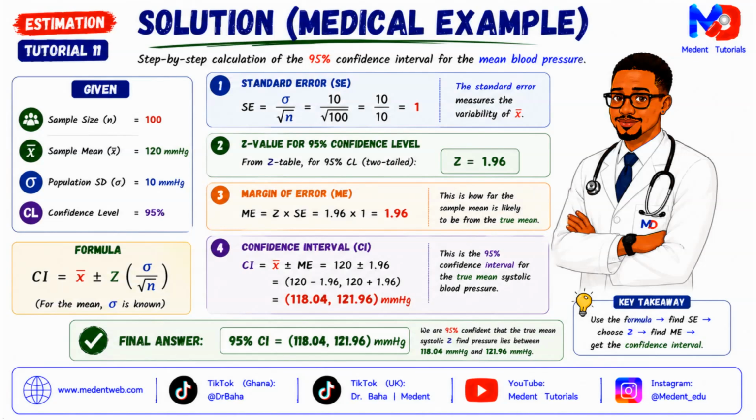The 95% confidence interval is therefore 118.04 to 121.96 millimeters of mercury. Great.